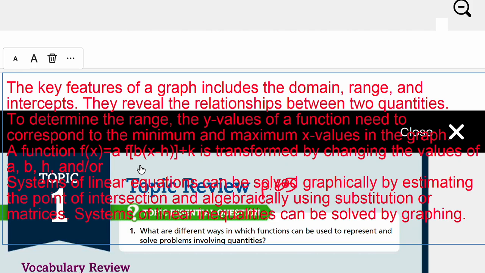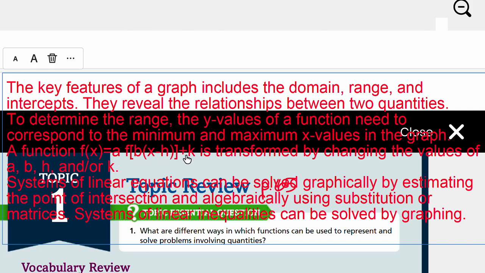Oh, I didn't finish this sentence. Let me go back. So a function f of x equals a times f of b of x minus h plus k is transformed by changing the values of a, b, h, and or k. Changing the values of h and k results in a horizontal or vertical translation.